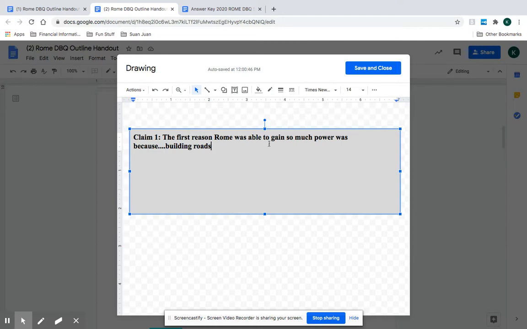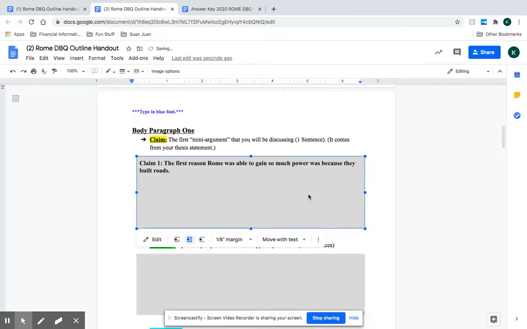The first reason Rome was able to gain so much power was because building roads. Well, let's clean it up a little bit. Was because they built roads, period. So now I have my claim. This is the topic of my first body paragraph. The first reason Rome was able to gain so much power was because they built roads.